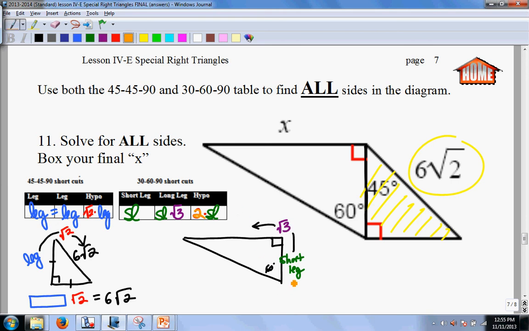And the short leg to the hypo is a timesing by 2. Start by solving for this leg first, and then take it from there.